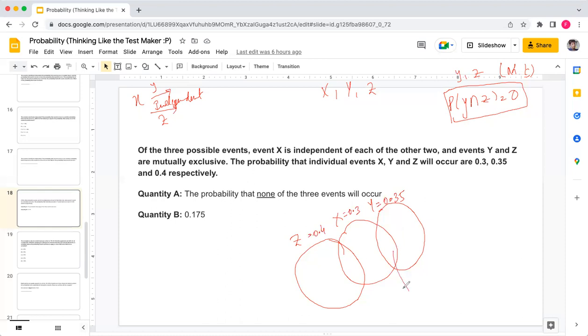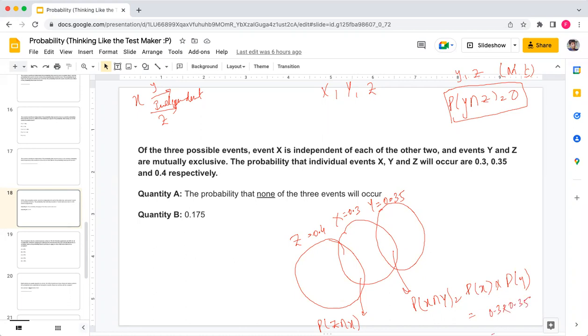Now, this thing is the probability of X and Y, and this thing is the probability of Z and X. And I told you earlier, it is stated that X is independent of Y and X is also independent of Z. As X and Y are independent, the probability of X and Y will be the probability of X times the probability of Y. So that will be 0.3 times 0.35.